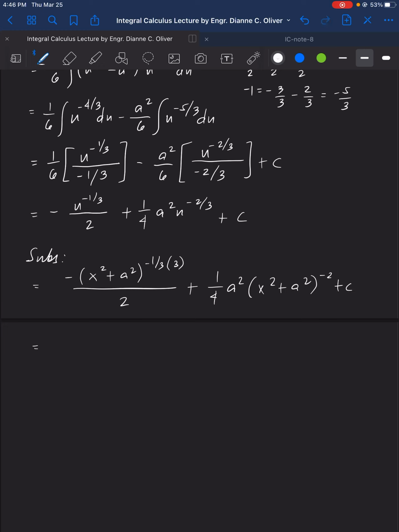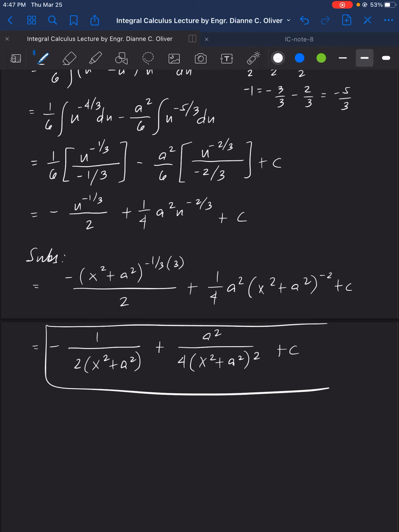That is equal to, since this becomes negative 1, so this becomes 1 all over 2 times x squared plus a squared, plus a squared all over 4 times x squared plus a squared squared plus c.